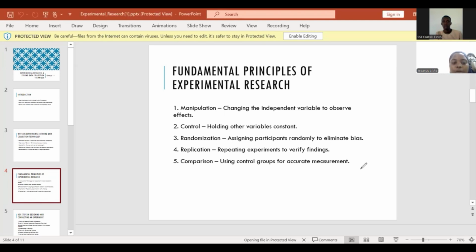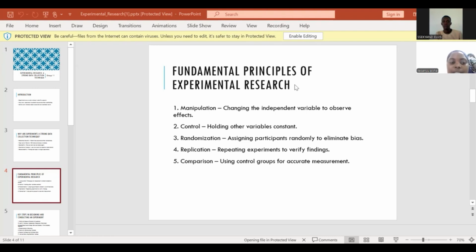So when I talk about control, researchers keep all other variables constant to avoid interference. So in this way, any change in results can be more confidently linked to the variable being tested. So when I talk about randomization, participants are assigned to groups randomly to reduce bias. This ensures that the groups are similar and that the results aren't influenced by external factors.